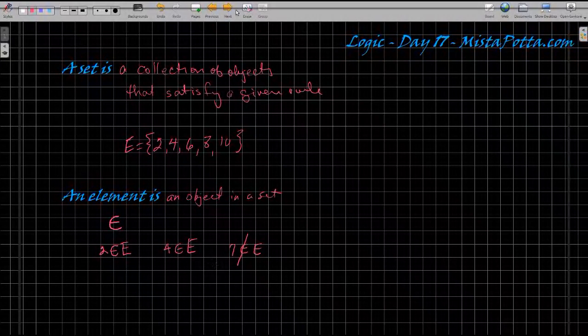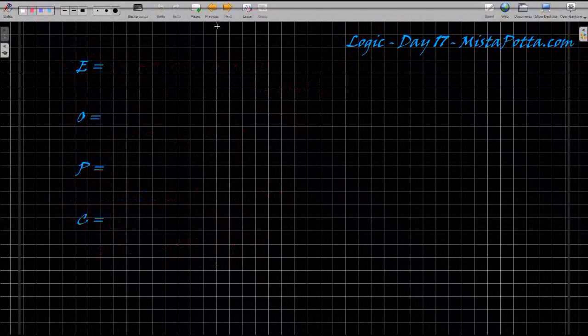So I want to talk about a few sets here. The first set we have is set E, which we've already touched briefly on. It contains 2, 4, 6, 8, and 10. And my given rule here is that these are even numbers. So I have a set called O, and you've probably surmised that O represents odd numbers.